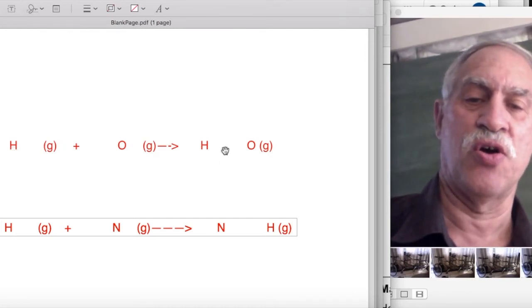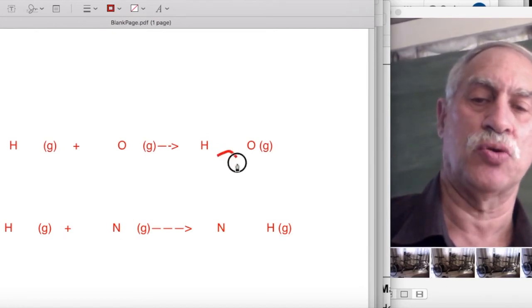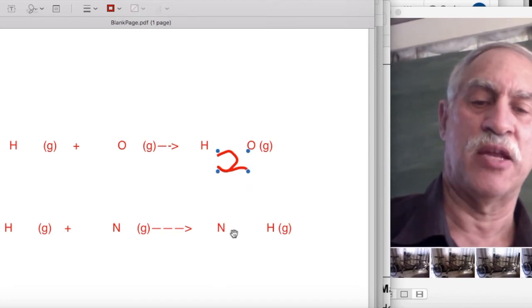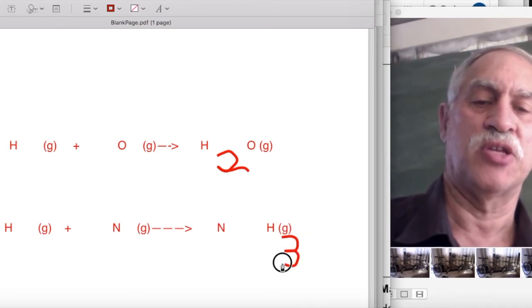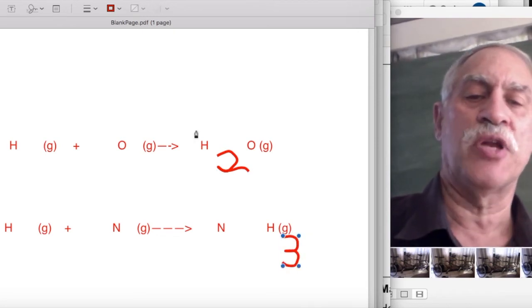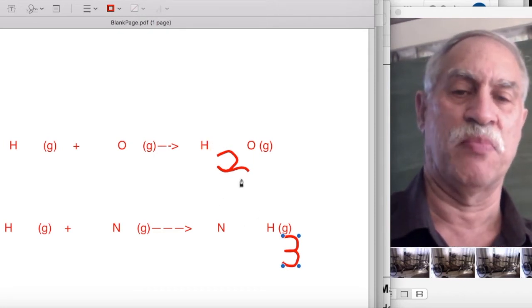They know that this formula is going to be H2O. And they know this is going to be NH3. So they know that. Let's just fill that in. NH3 is ammonia.